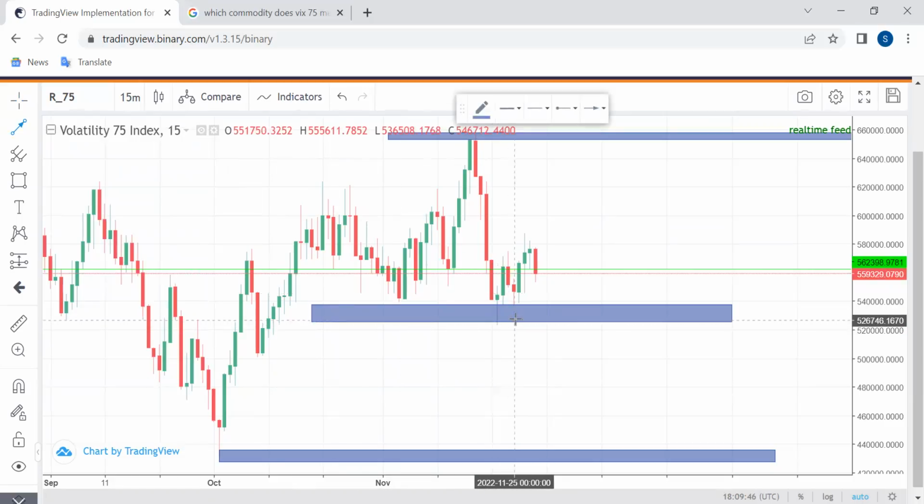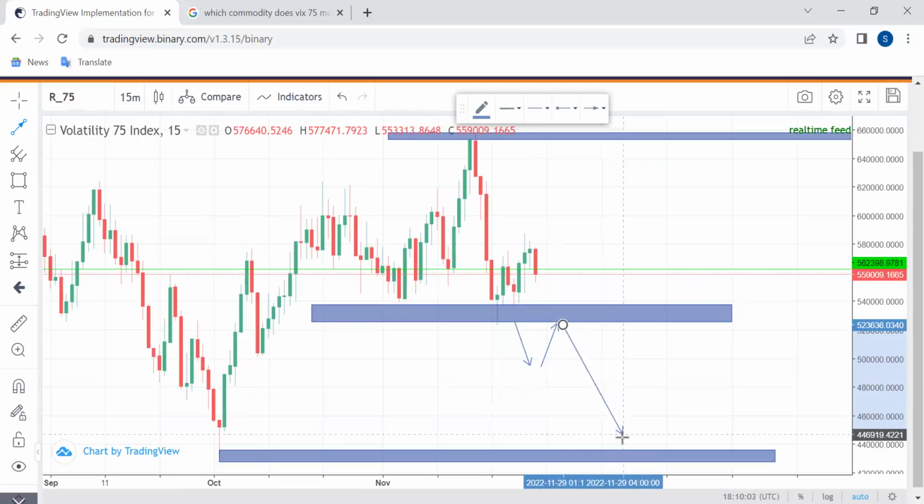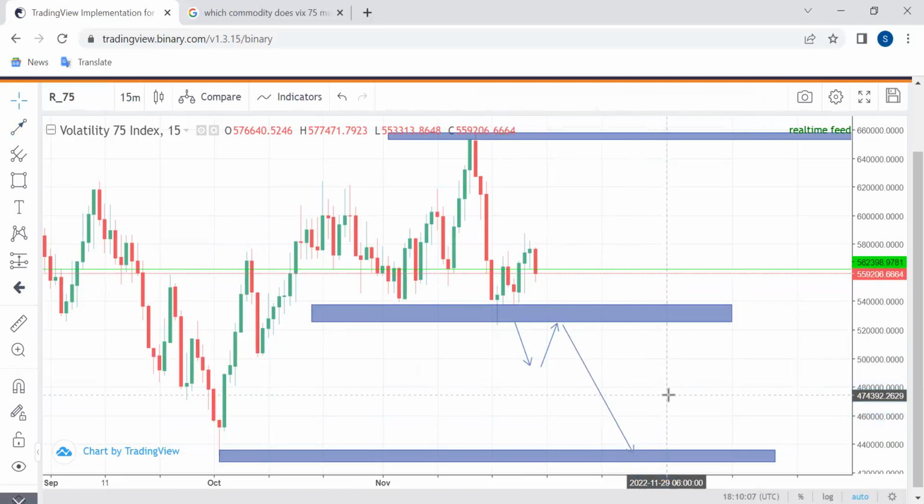When the market breaks out of this zone, what to expect is it will always come back to retest this zone, in which after retesting that zone, it will push further down to go back to the demand zone down there. That is usually what happens.